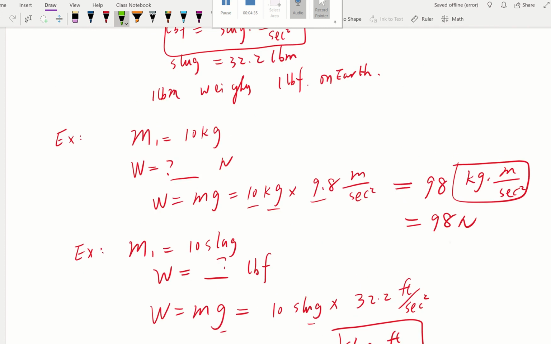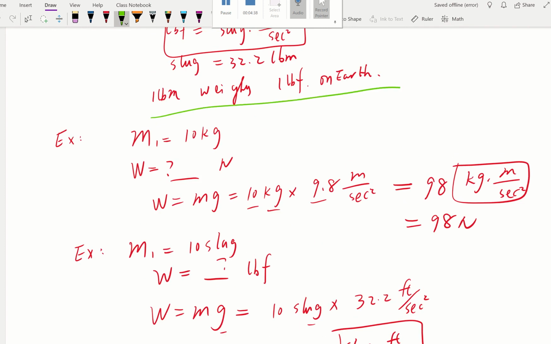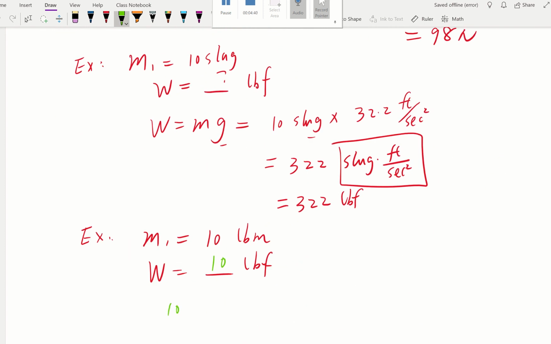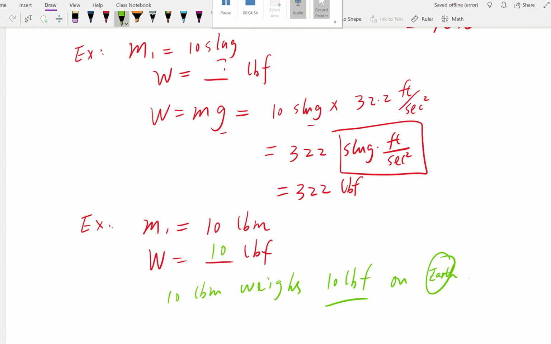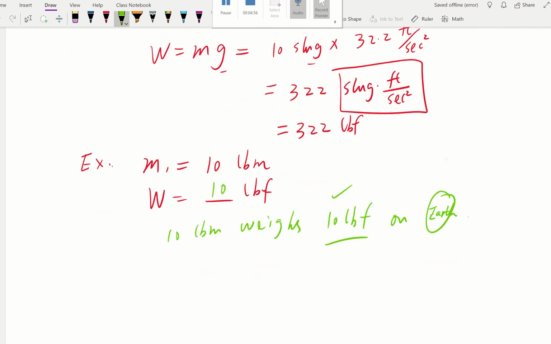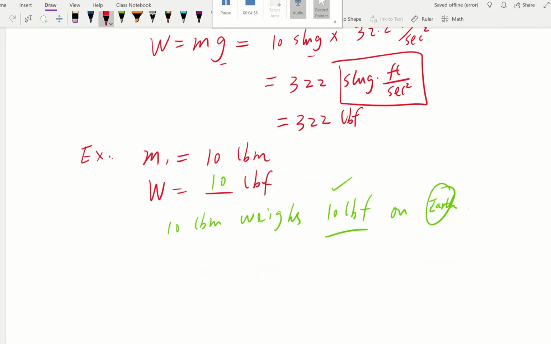Because 1 pound mass weighs 1 pound force, 10 pound mass will weigh 10 pound force on our planet, on our Earth, right? So that's really easy. But if you want to go ahead and try solving it, you're welcome to, because it's actually necessary to do it one time, then you are convinced.